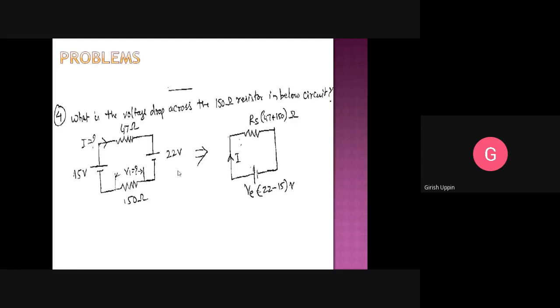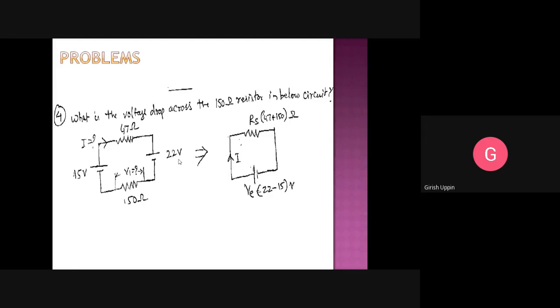If the batteries are connected in the same way, that is positive negative positive negative, they will drive the current in the same direction. If you connect them opposite, then they will try to negate each other, meaning they will try to force the current in the opposite direction. Now this is 22 volt, and this is an electromotive force. What is an emf source?